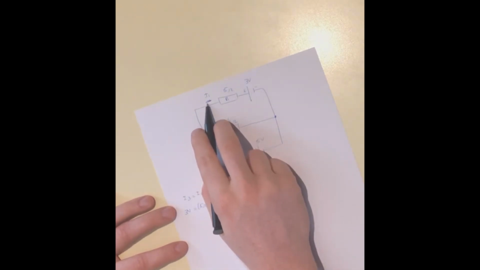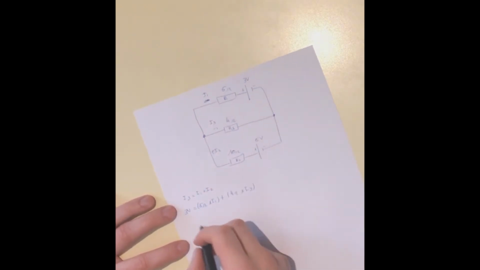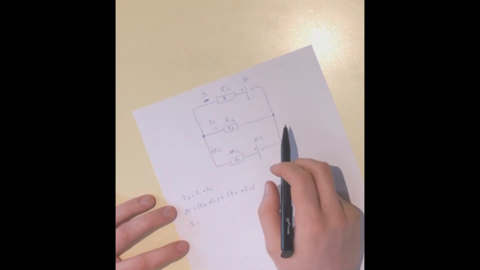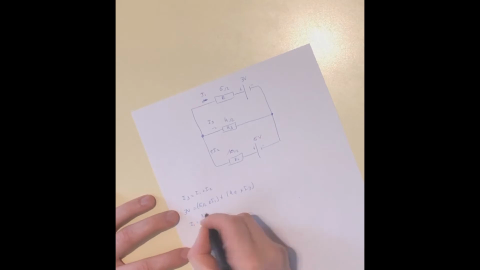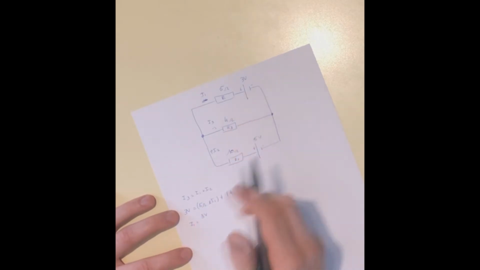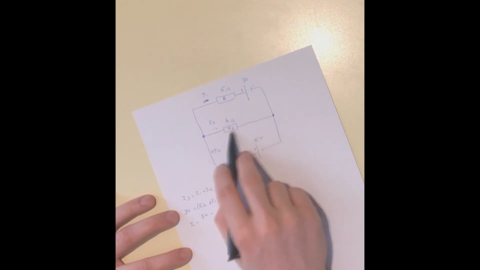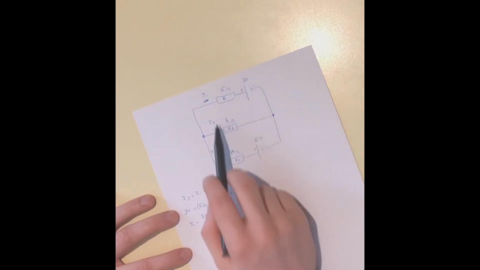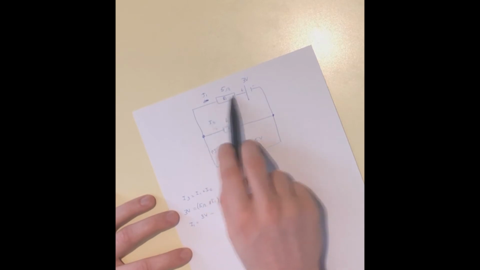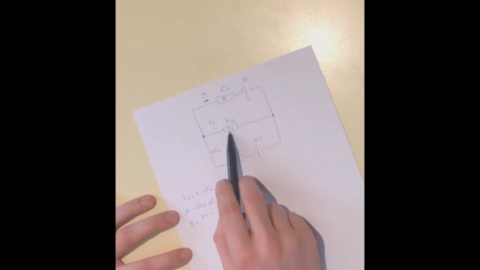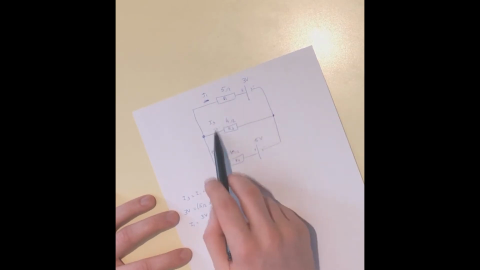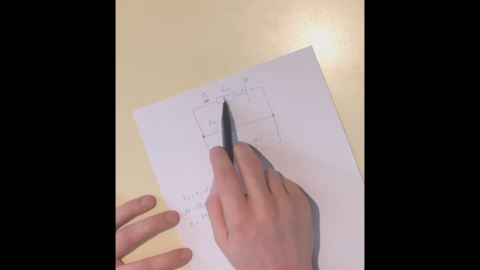So we can now write I1 differently. I1 is equal to the voltage source minus the voltage drop of this resistor. Why do we do that? Because I1 only flows to resistor 1 and not to this one. This is I3, this is a different current. So I1 only flows to R1.